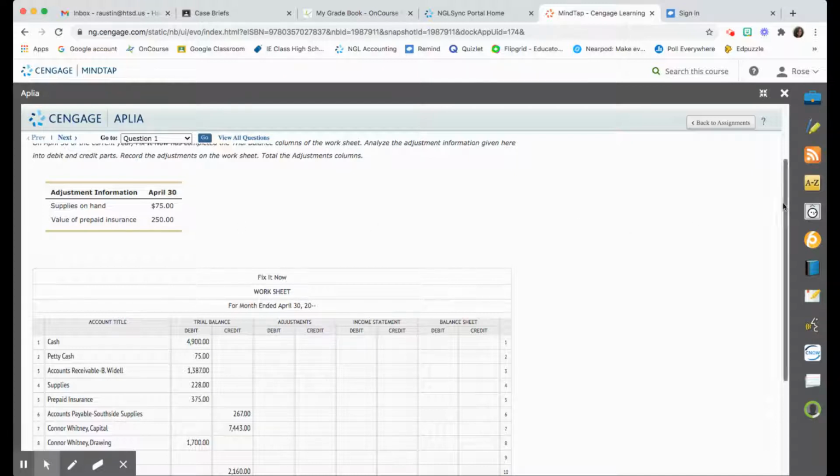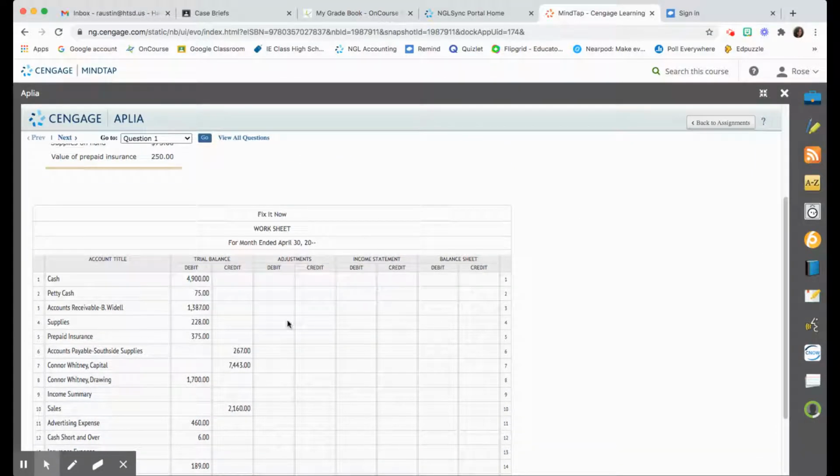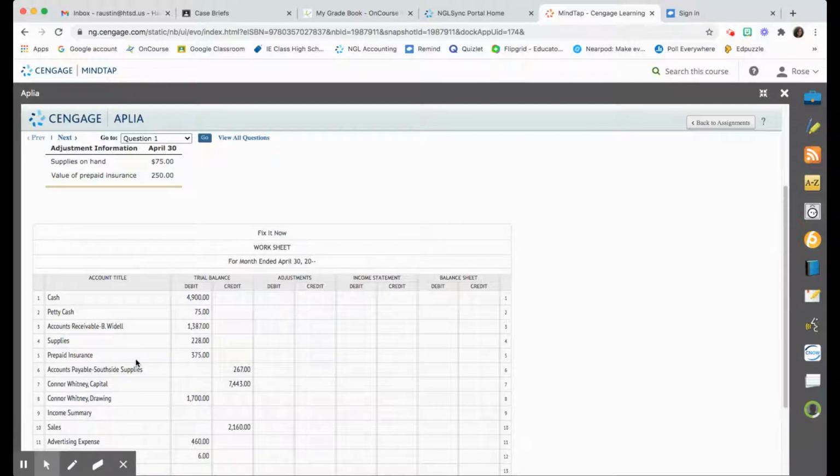If we look down here on the worksheet, let me just make that visible. If you look at supplies on the worksheet, you can see that you started out with $228 worth of supplies, okay? That's the value of supplies at the beginning of the month. That was the April 1st value of supplies.